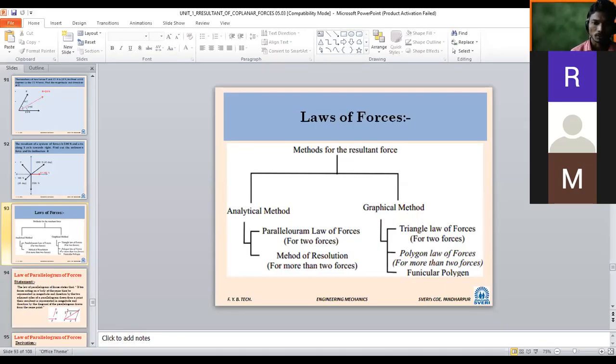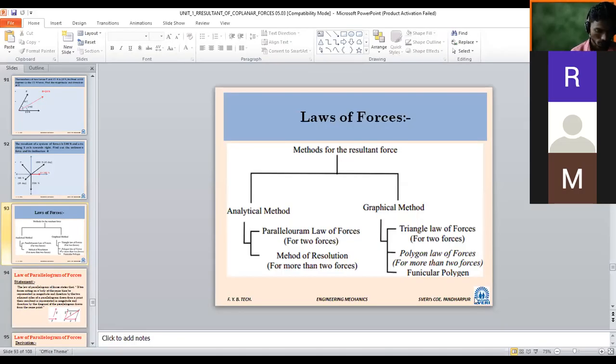Hello, Ranjit. Am I audible, Ranjit? Yes, sir. Clearly you are audible, or my voice is not clear? Yes, sir. Clear, sir. Okay. Roll number 57, Tukaram.